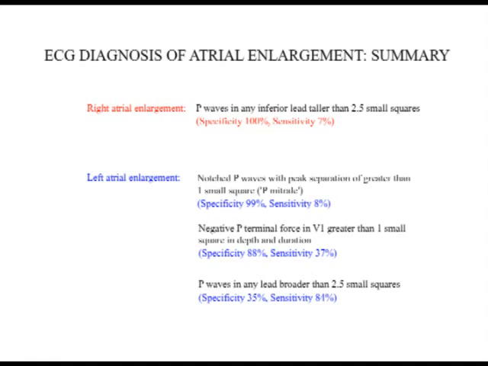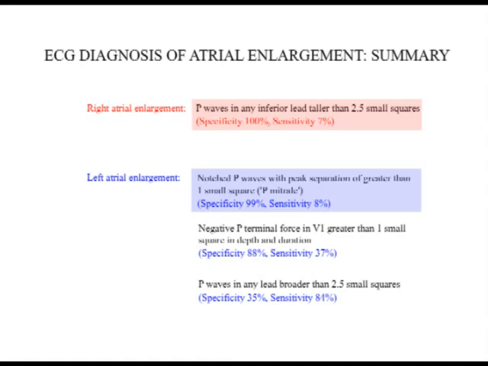As you can see from the figures quoted here, P waves taller than 2.5 mm in amplitude in any of the inferior leads is a very specific finding for right atrial enlargement, and P mitrale is very specific for enlargement of the left chamber.